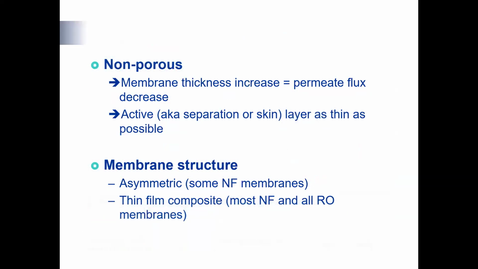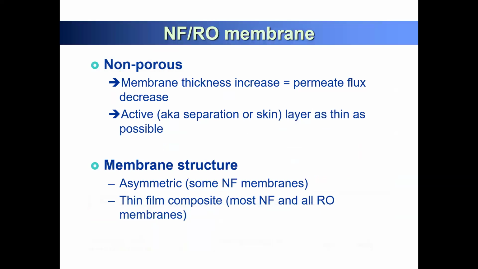So we just say non-porous membrane. Ultrafiltration is a porous membrane. It has pores, and the water molecule easily passes. So it's a very porous membrane. But reverse osmosis has no pore. It's like a non-porous membrane.